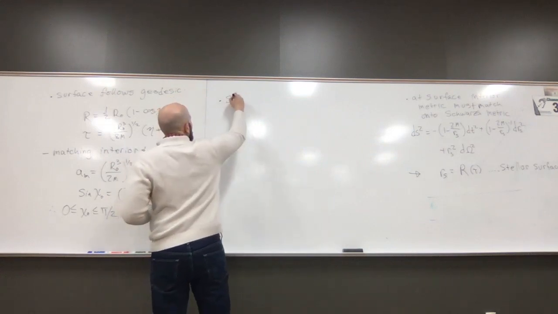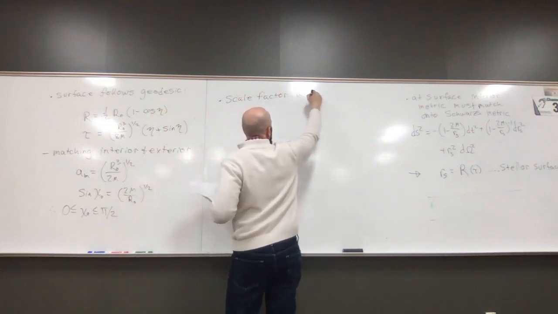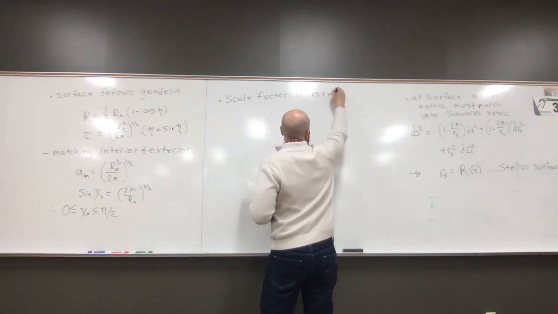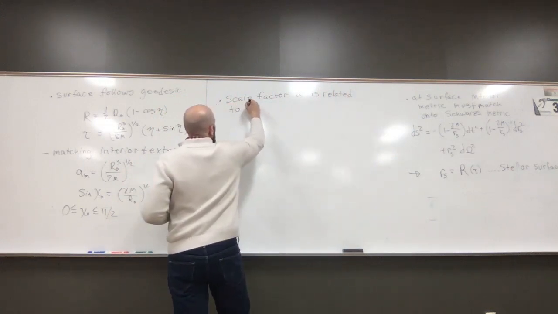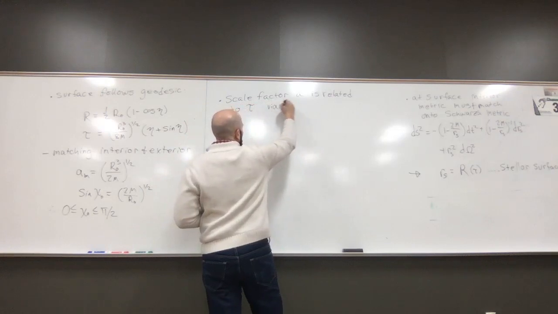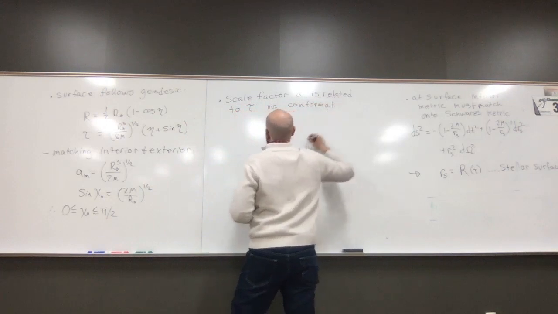So let's step back for a second. We're going to call this the scale factor, a, which is related to tau via a conformal factor, eta. Now we'll define it.